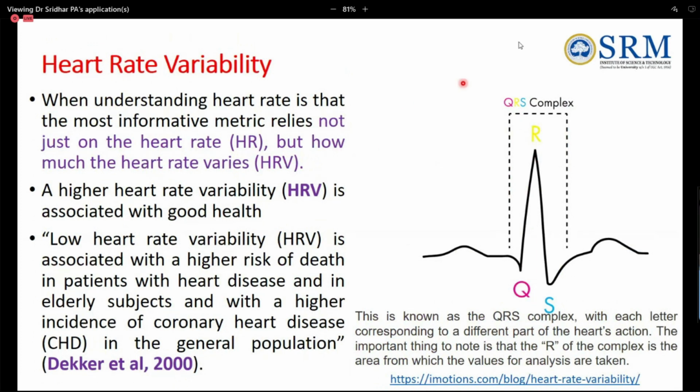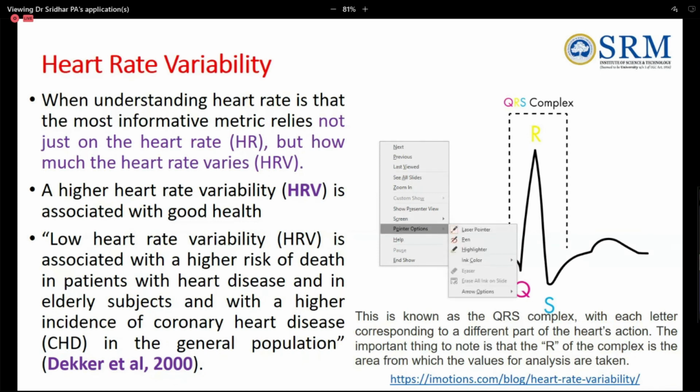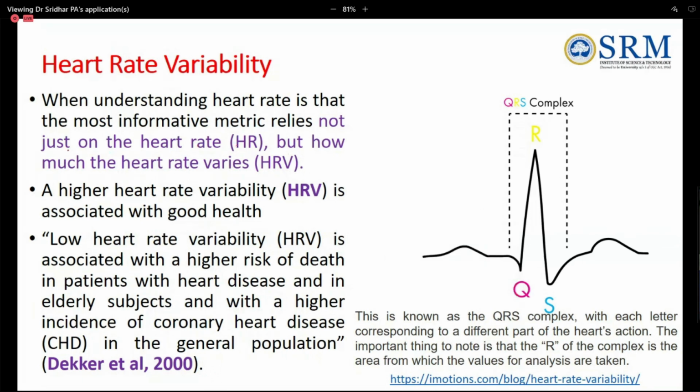If you see here, the point is that when understanding the heart rate, the more informative metric relies not just on the heart rate, but on how the heart rate varies. So first they started working on the heart rate.